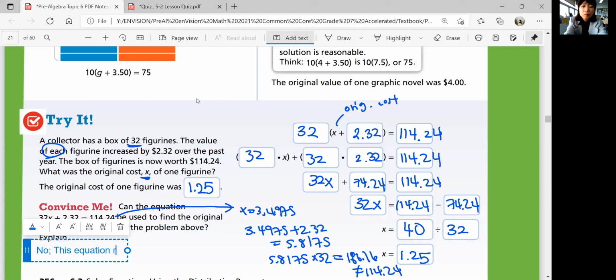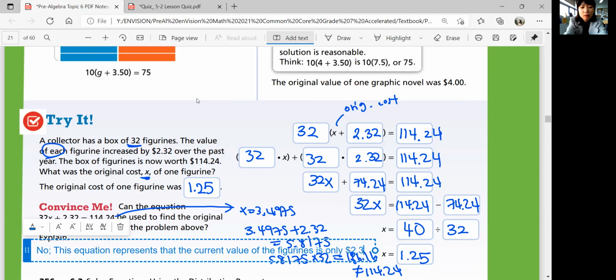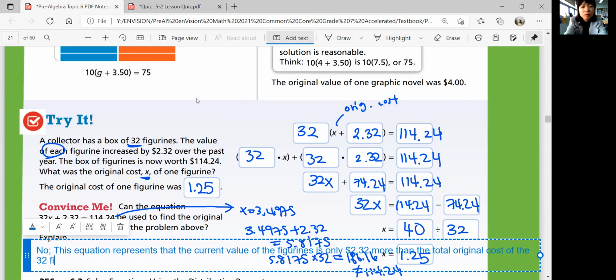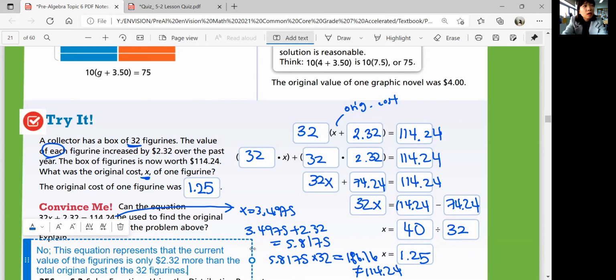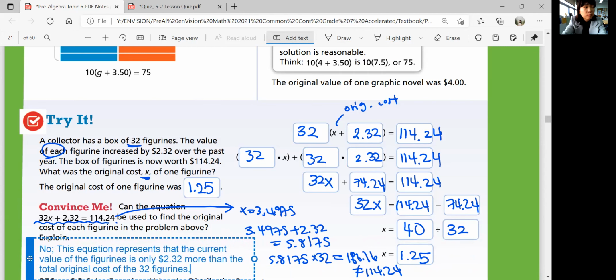This equation represents that the current value of the figurines is only $2.32 more than the total original cost of 32 figurines, okay? Which doesn't take into account the increase in value for each of the figurines, okay?